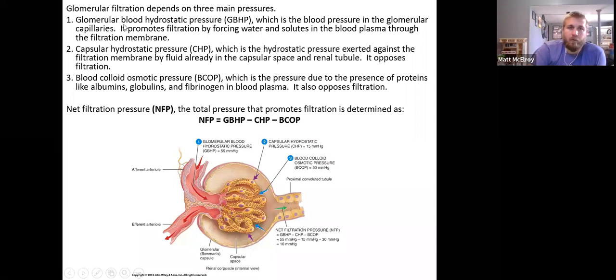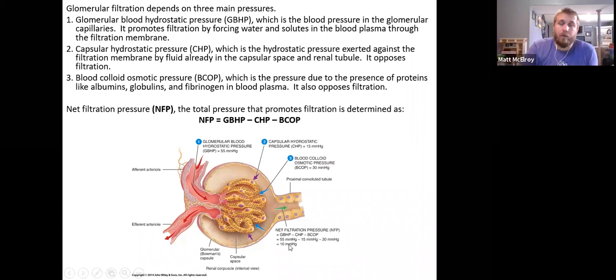Remember, the first one promotes filtration, and these two inhibit it, so we take the one that promotes it minus the other two. We actually talked about this a little bit before, but here's the basics of it. When you do the calculation using the numbers they provide, 55, 15, and 30, 55 minus 15 minus 30, the NFP calculation is a positive 10 millimeters of mercury.